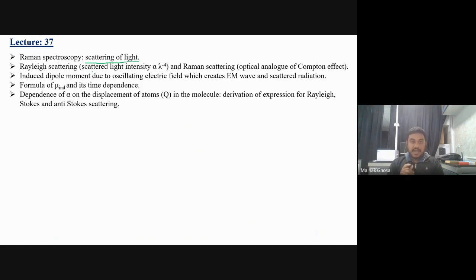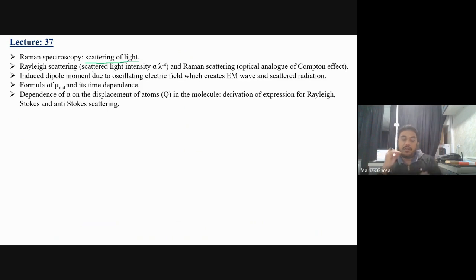The scattering intensity is proportional to 1 by lambda to the power 4, or here it is written as lambda to the power minus 4. Most of the scattered light will have different intensity, but the energy of the light will be the same.